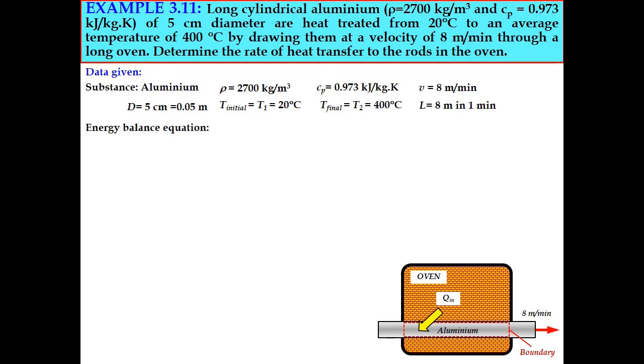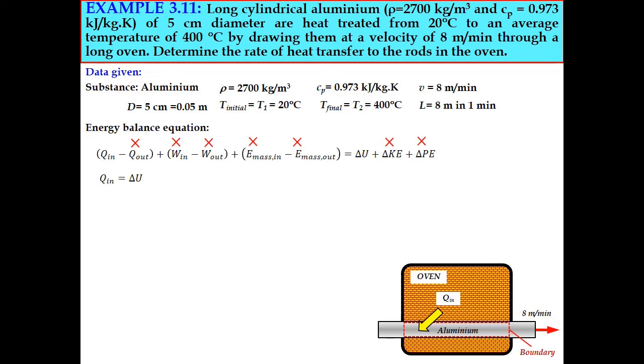Now we analyze by using the energy balance equation. We have the full energy balance equation as shown in the slide. Try to simplify the equation. No Q out, no W in, no W out, no E mass in, no E mass out, no kinetic energy, no potential energy.